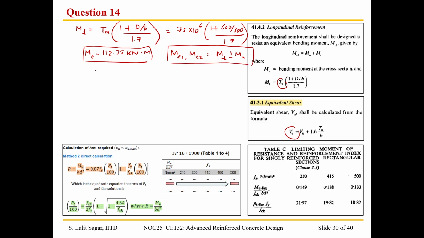So we need to design this beam for a moment of Mu equal to plus or minus 132.35 kilonewton meter. That is, we need to design it for the positive moment as well as the negative moment, or sagging, which is the positive moment, or hogging, which is the negative moment. And this Mu becomes 0. Okay.